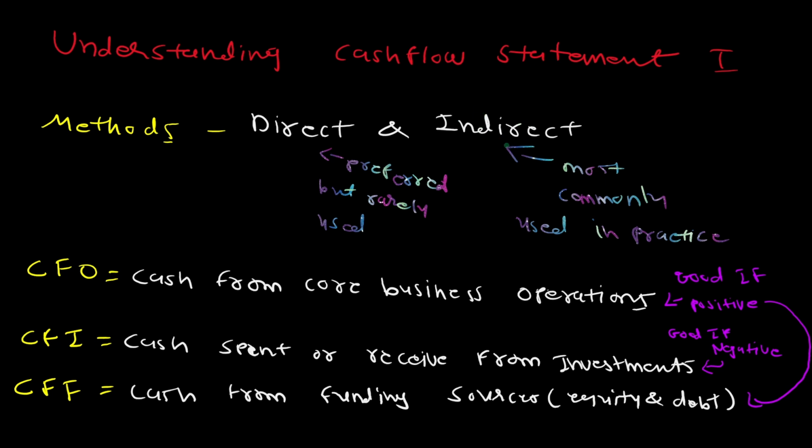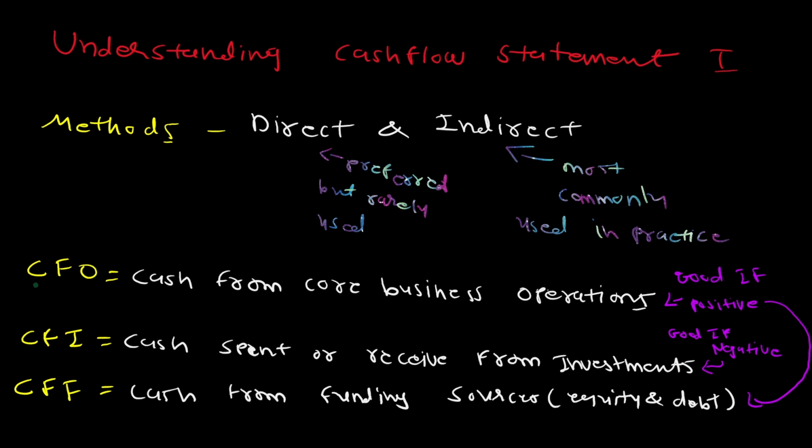And the indirect is basically where companies prepare the cash flow statement from the net profit in the income statement. I will show you in detail.